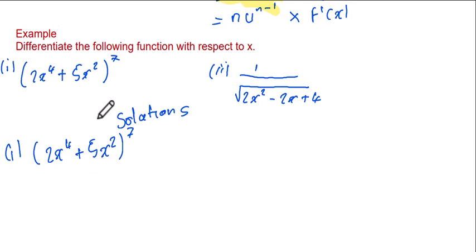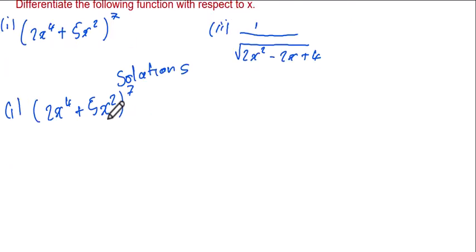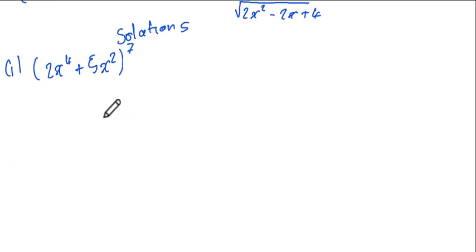So we're saying n times u to the power n minus 1 multiplied by u prime.